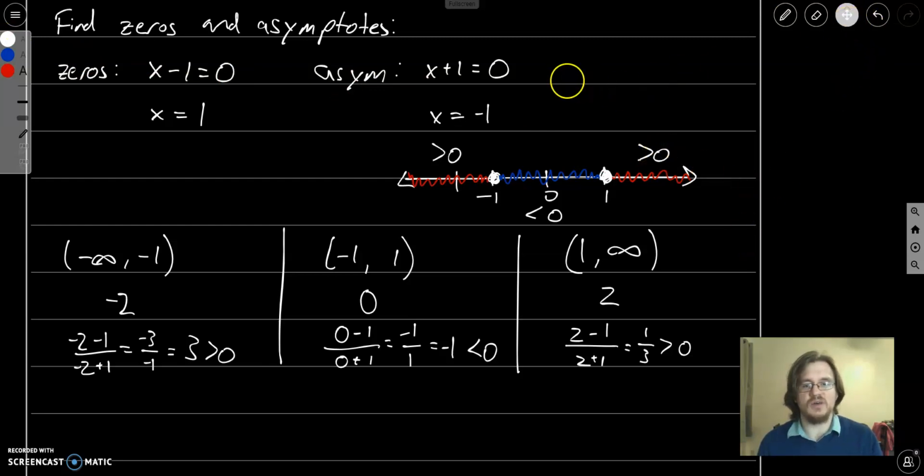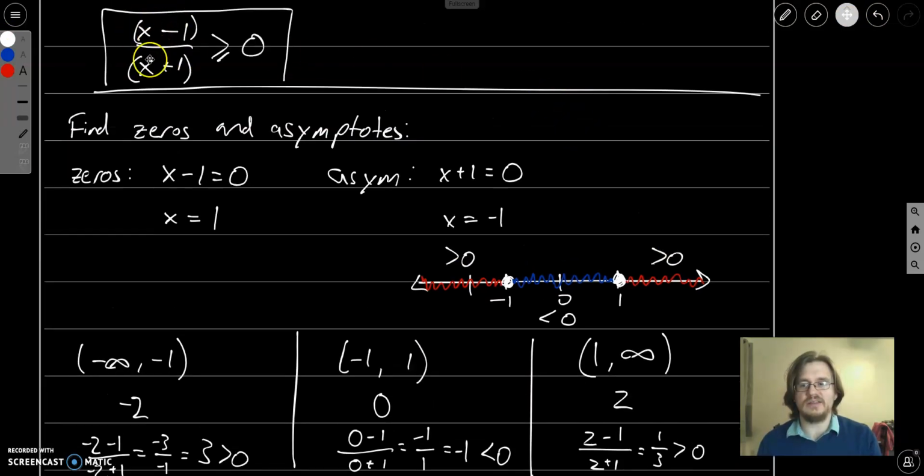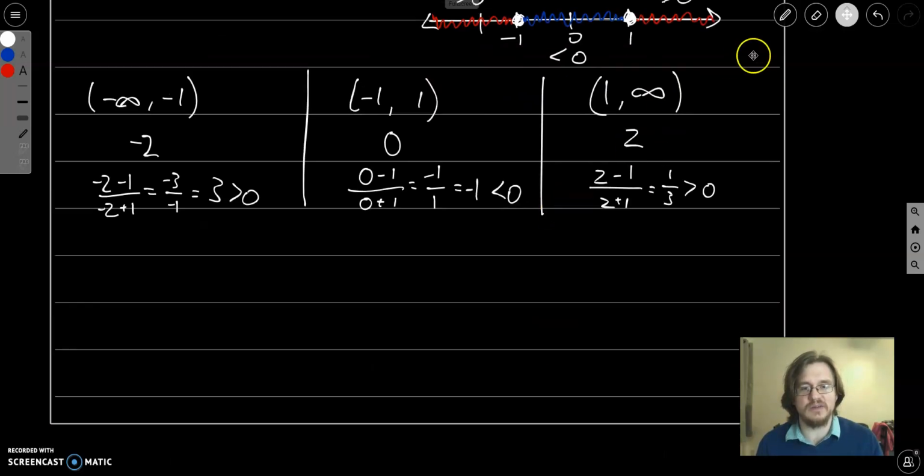So we were looking for, when is this fraction going to be greater than or equal to 0? So we know it's in this region and in this region, and we'll have to worry about the boundary points as well.